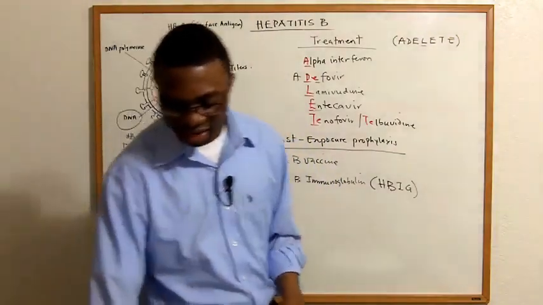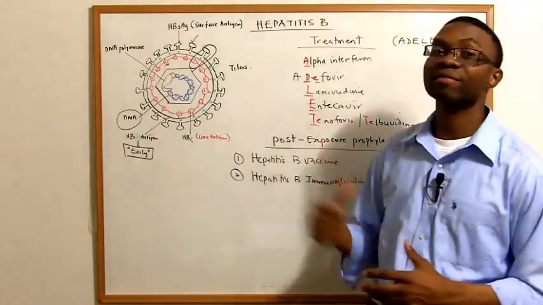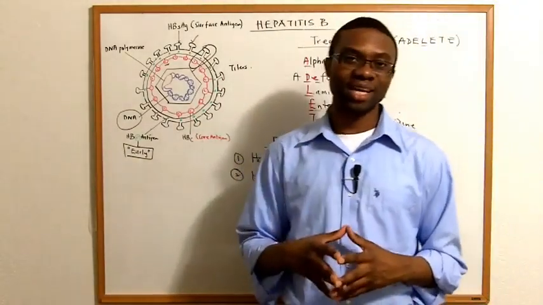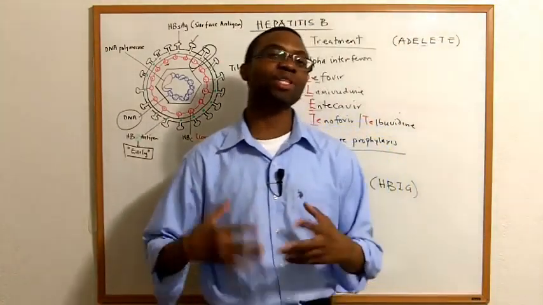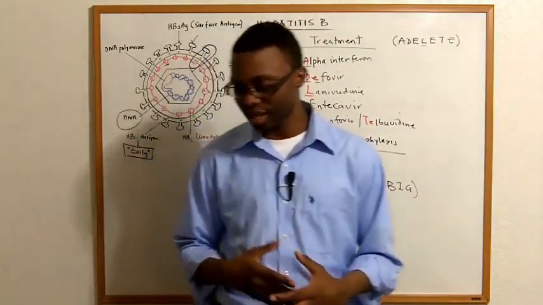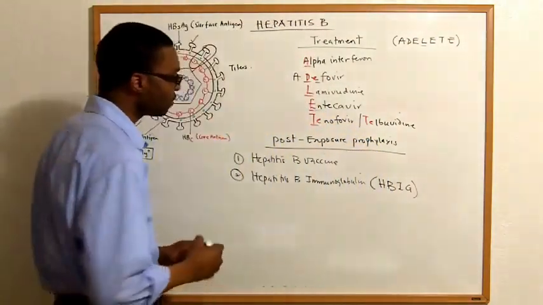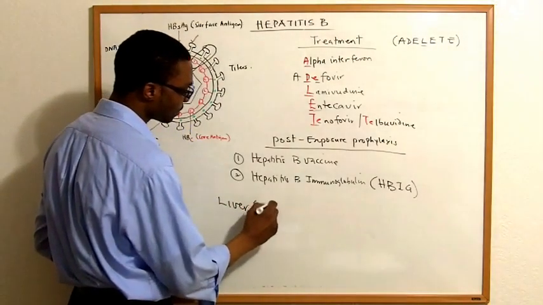Now, why do I care about the 5% that develop that chronic infection? Because chronic hepatitis B will cause hepatocellular damage to the liver. And damage will lead to what? Fibrosis. And fibrosis of the liver is known as liver cirrhosis.